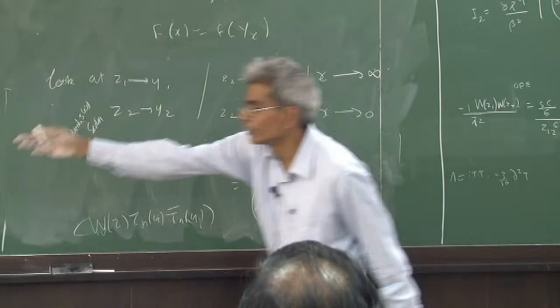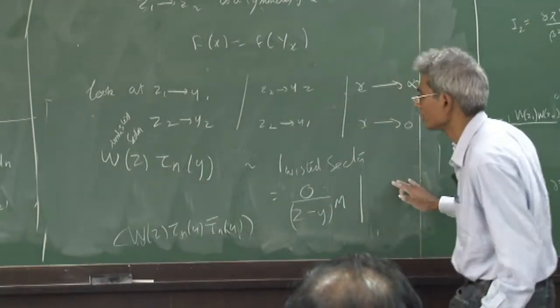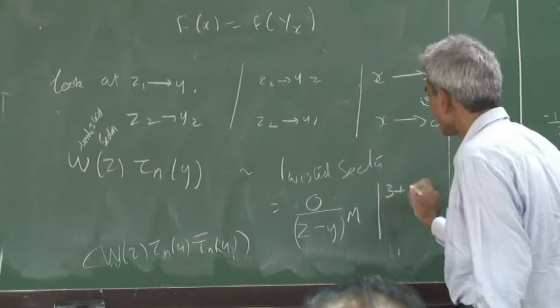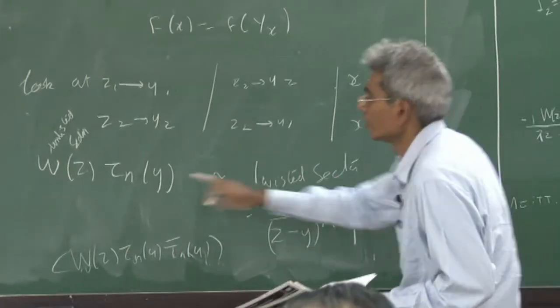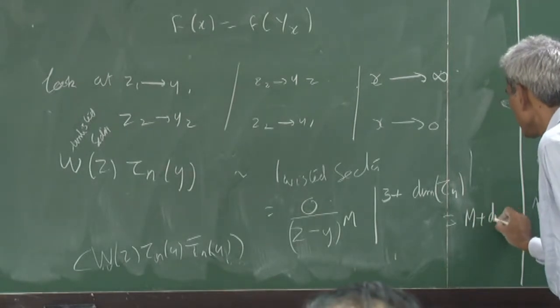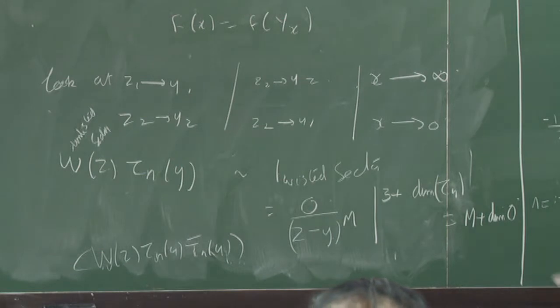That's what we have already seen. So that is 0. Now let us look at the dimensions. So it is 3 plus the dimension of tau n, which we know, equals m plus the dimension of O.